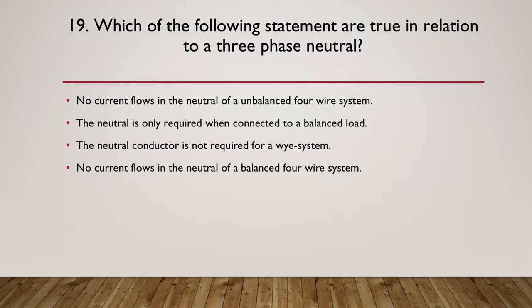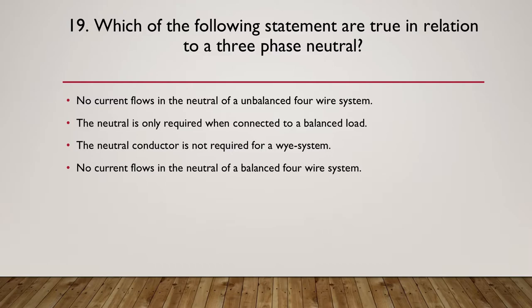So question 19, which of the following statements is true in relation to a three-phase neutral? No current flows in the neutral of an unbalanced 4-wire system. The neutral is only required when connected to a balanced load.